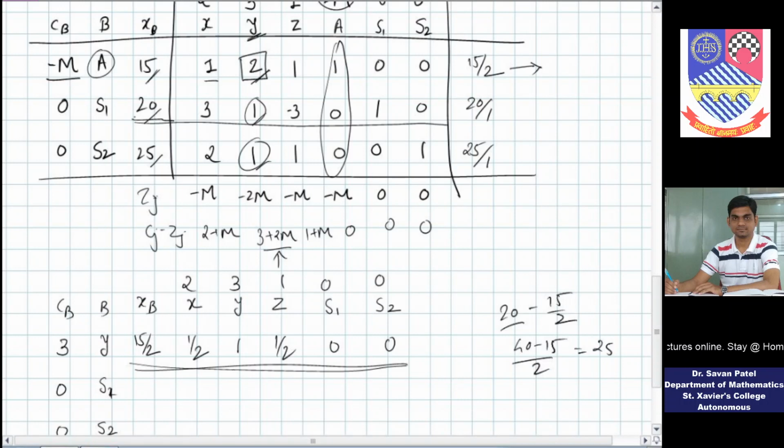Then 3 minus half. So it is 2 and a half.